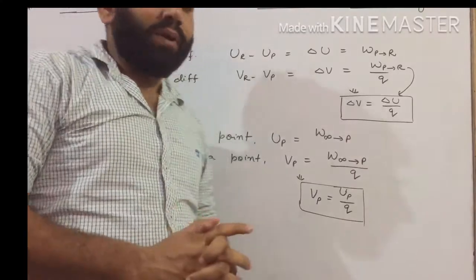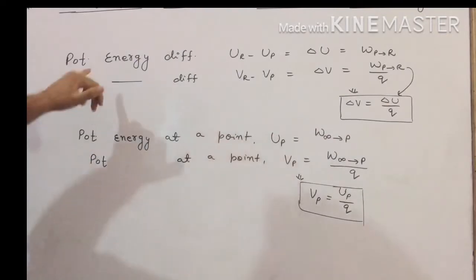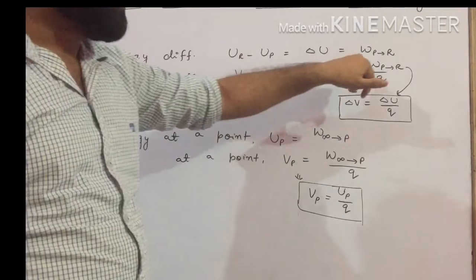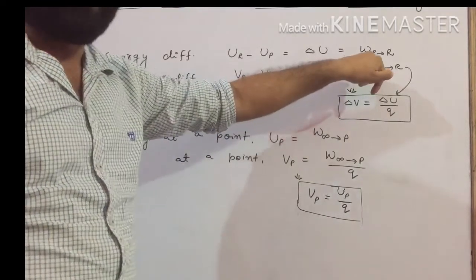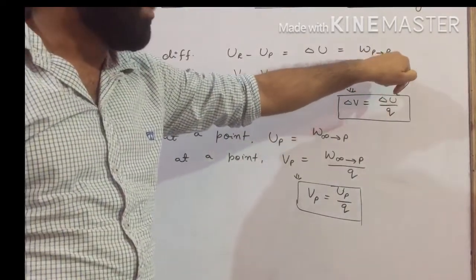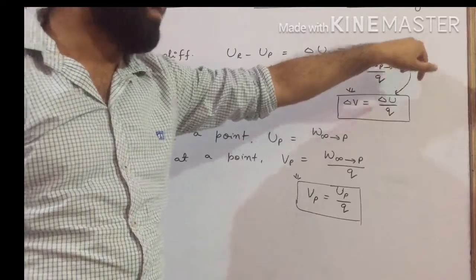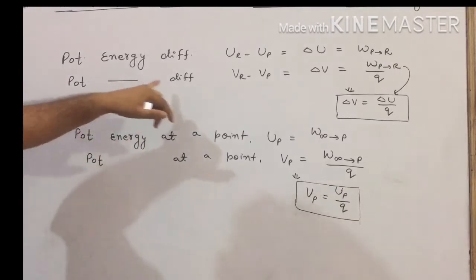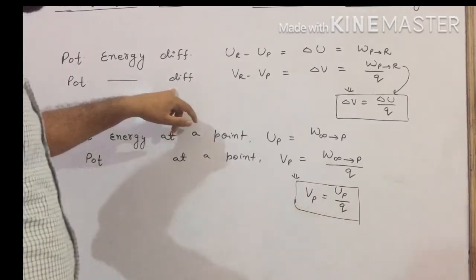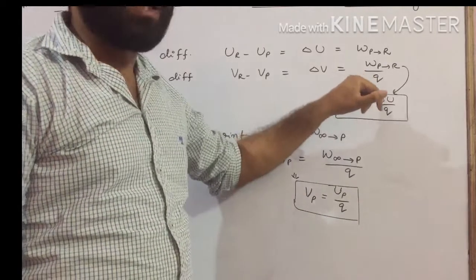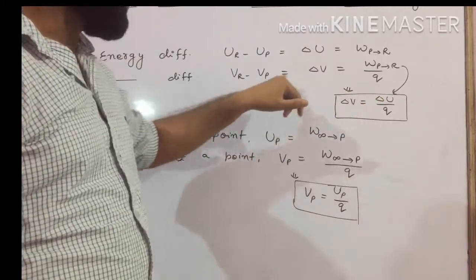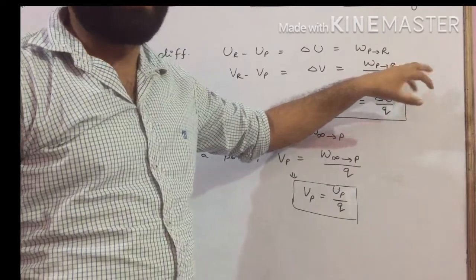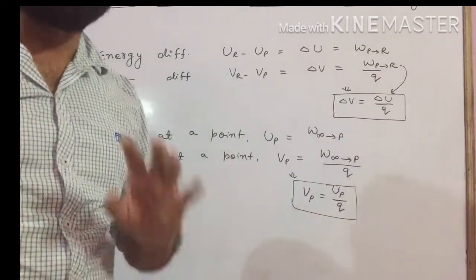So finally the summary is that the potential energy difference between 2 points P and R is defined as the work done in moving the charge from point P to point R, and this is without acceleration. And if we define the potential difference, then the change will be in terms of charge. So again we have to calculate the work done in moving the charge from point P to point R, but now we have to consider the work done per unit charge.